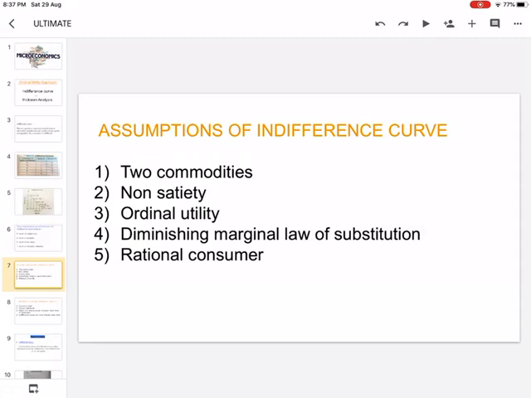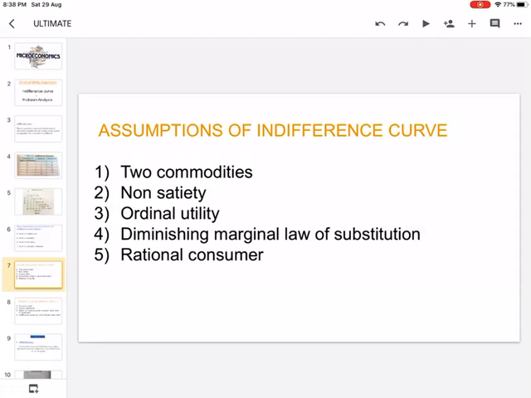Now this indifference curve is based on certain assumptions. Like in economics, we have a lot of assumptions associated with the different theories. In this indifference curve, some of the specific assumptions are, here we are talking about two commodities.